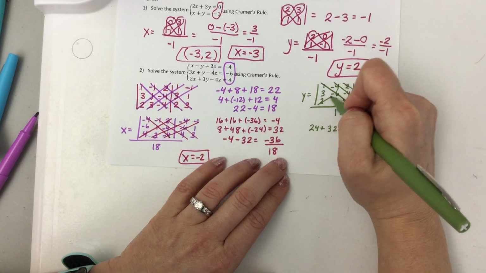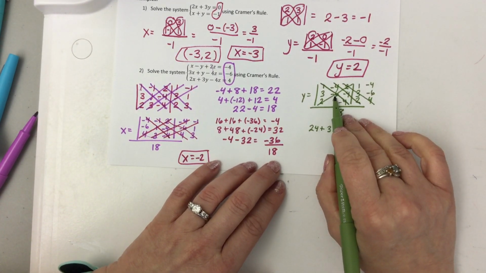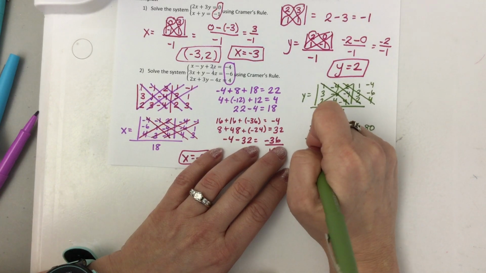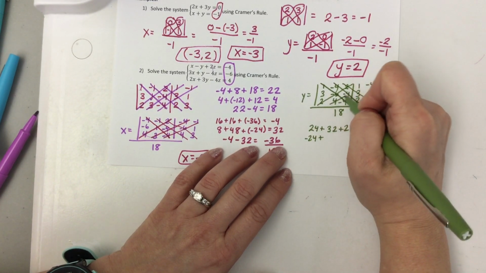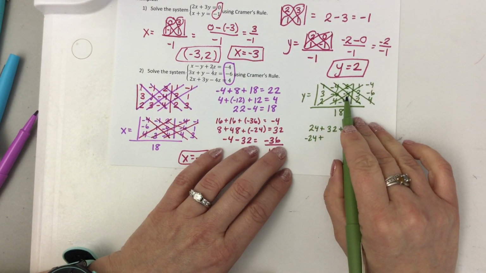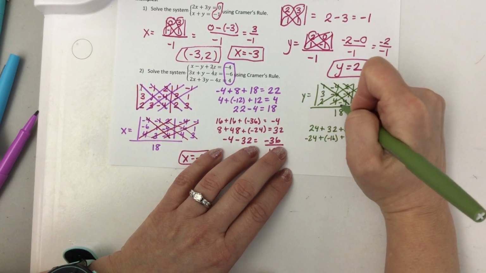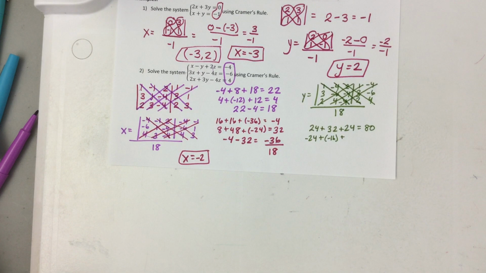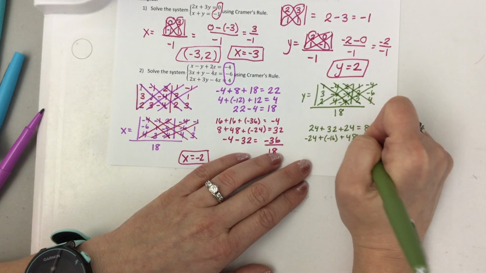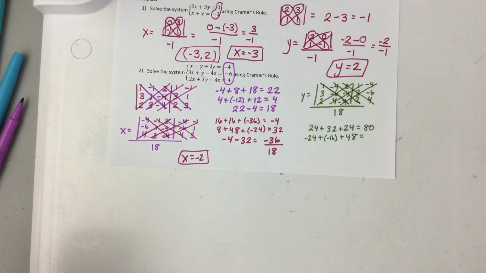Now I go from the bottom. 2 times negative 6 is negative 12 times 2 is negative 24. Plus 4 times negative 4 is 16 times 1 is negative 16. Plus negative 4 times positive 3 times negative 4 is positive 48. Now I go ahead and add those.